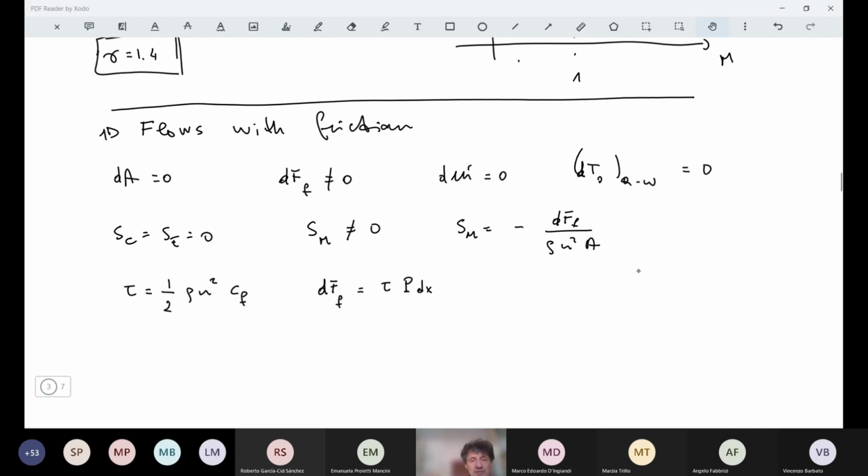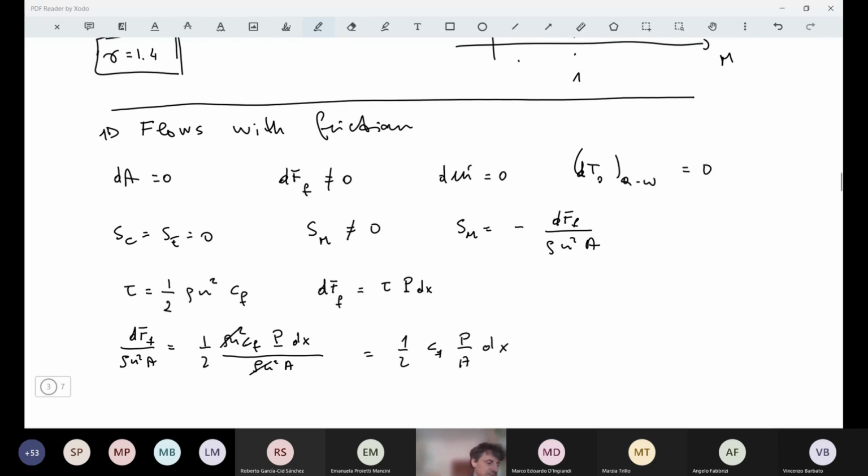With these definitions, if you consider now the term dF over rho u squared A, it becomes 1/2 rho u squared CF, tau P dx, over rho u squared A. These cancel, and so it is 1/2 CF P over A dx.